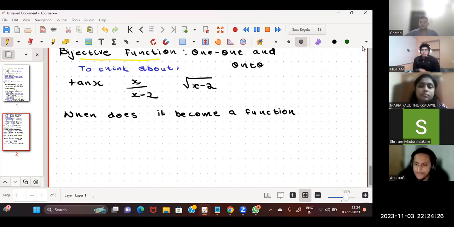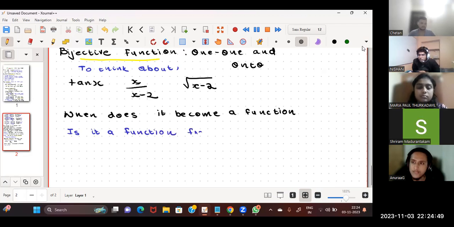For tan x, you can take any value, so it's a function. But Jagdish said that for tan x, 90 degree is not defined, right? Tan 90 is not defined, undefined. You don't have slope for 90 degree, right? It can take any value except 90.